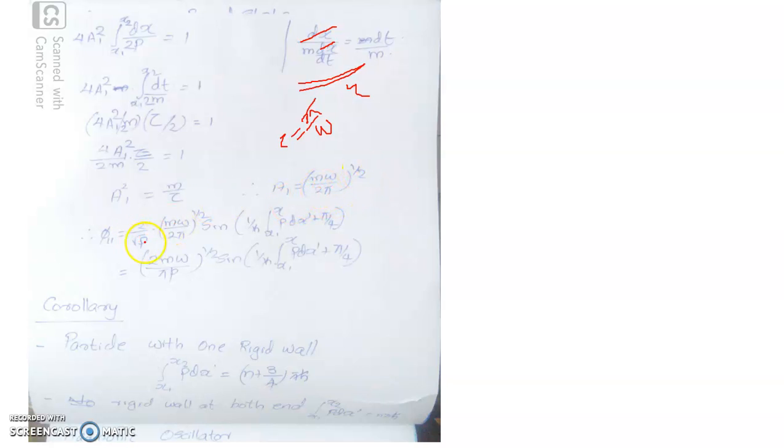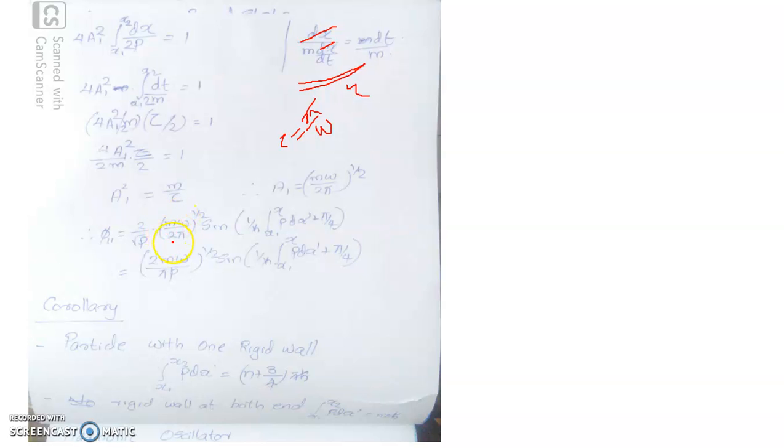So that our wave function becomes 2 by root p. Instead of a1, we have the substitution m omega by 2 pi raised to half, sine of 1 by h cross integral x1 to x dx prime plus pi by 4. That is, 2 is there outside this square root. Let me take it inside.